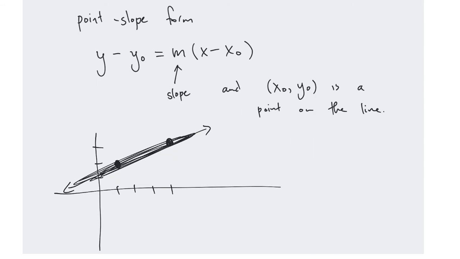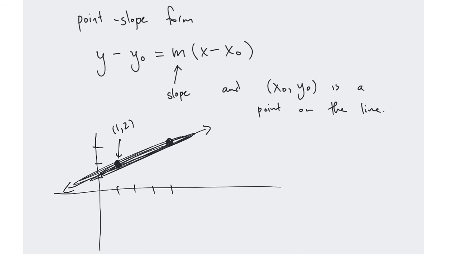Well, you can choose. Actually, I'm going to use one of those points, and you could use either one. Let's use this one. This point here is 1, 2. That's going to be my chosen point that I'm going to use in the point-slope form. And then I also need to know what the slope is, which you can tell by looking at my fabulous picture here. The rise over the run, you think from one of those points to the other, how far up do you go, how far over do you go?